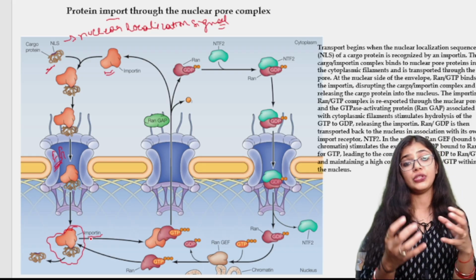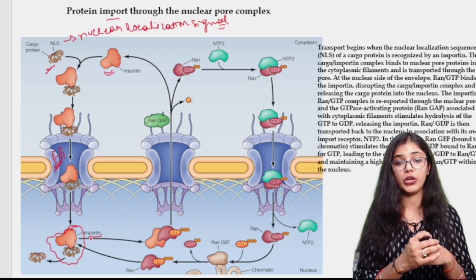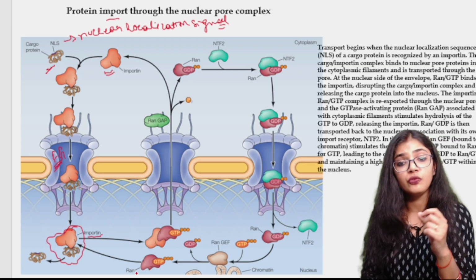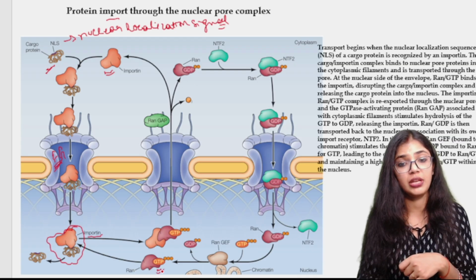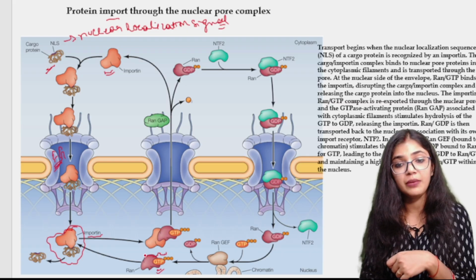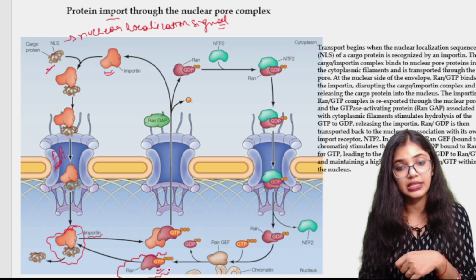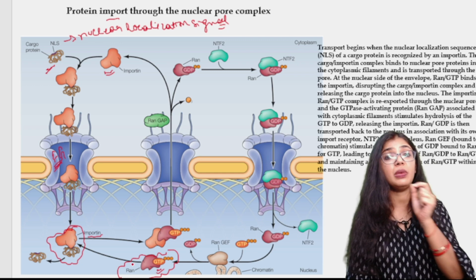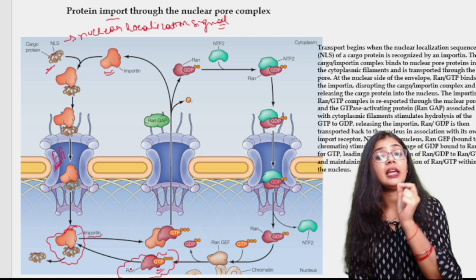So who is dissociating the importin and the cargo protein? This work is done by RAN GTP, which is present inside the nucleus. It is active when it is in the GTP form.